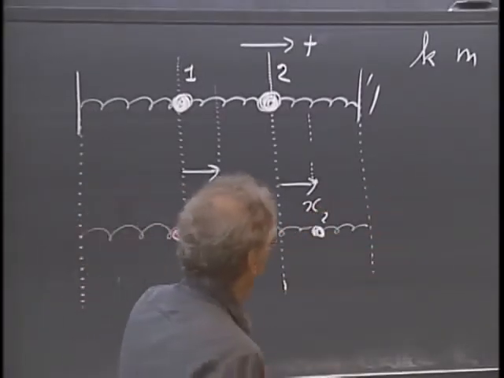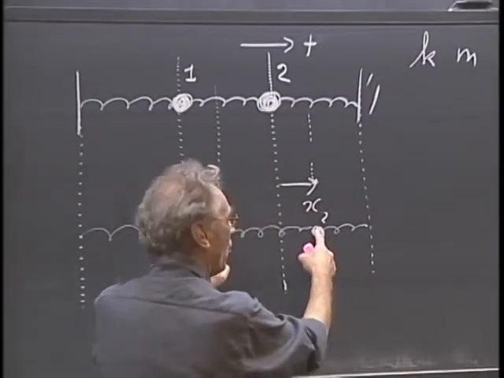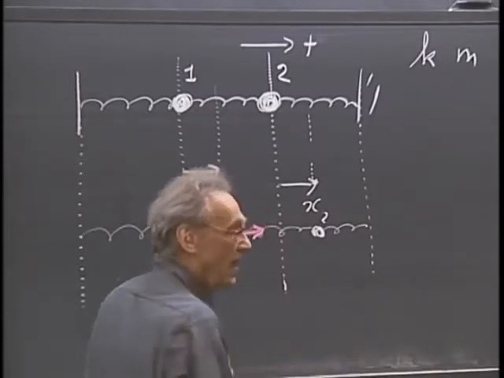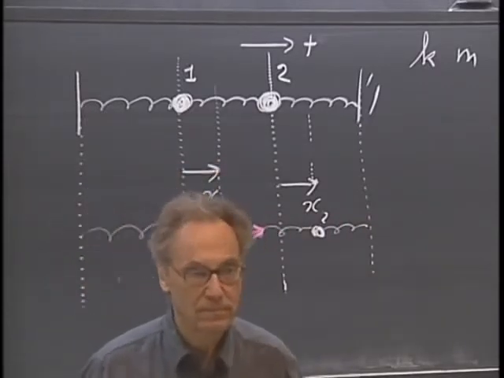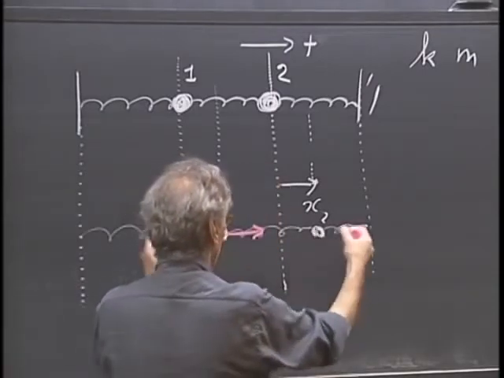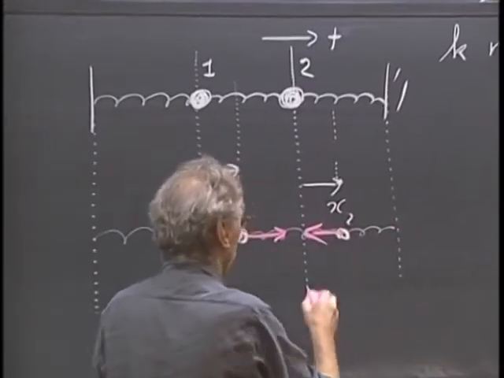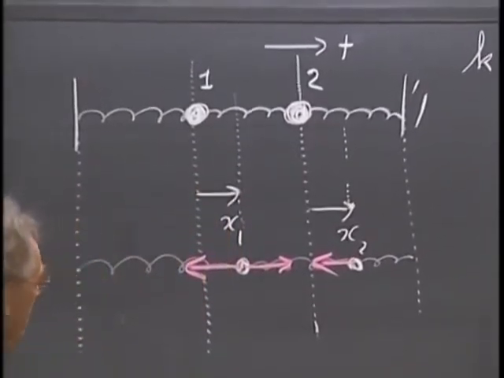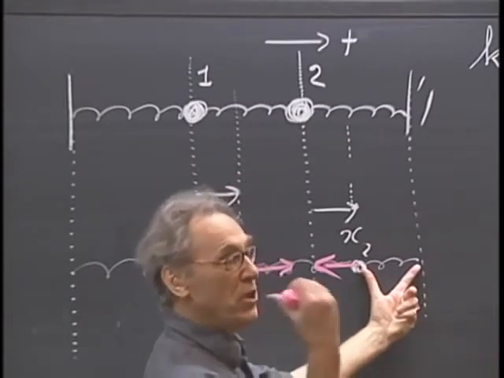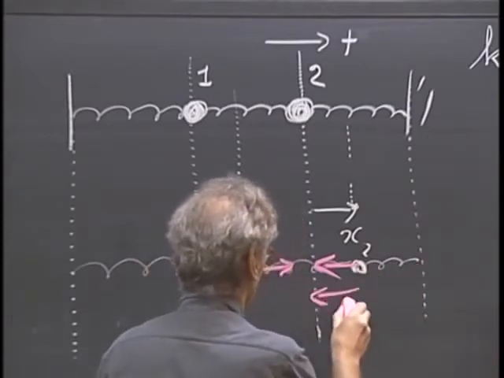If x2 is larger than x1, this spring is also longer than it wants to be, so it wants to contract, so there is a force in that direction. If this spring is longer than it wants to be, it wants to contract, so there is a force on x2 in this direction. This spring is clearly shorter than it wants to be, so it's pushing, so there is a force in this direction.